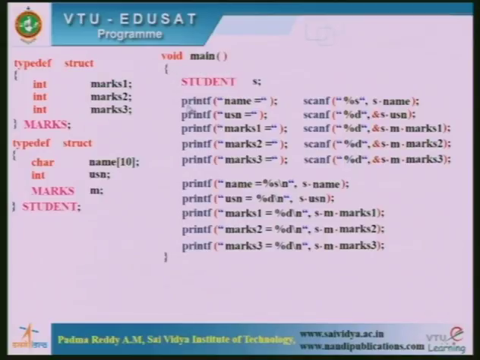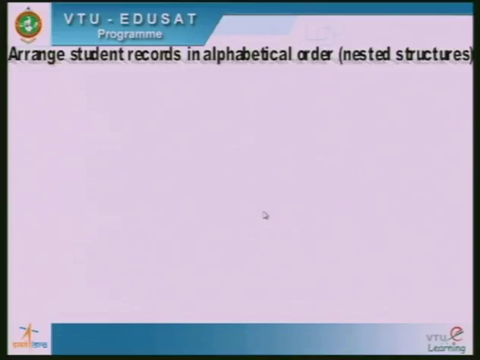If you observe, here we are using printf and here we are using scanf. The declarations of printf and scanf are available in one header file by name stdio.h. So you should go here and write hash include stdio.h. So this is a complete program to read the data into the nested structure and to display the data from the nested structure onto the screen.